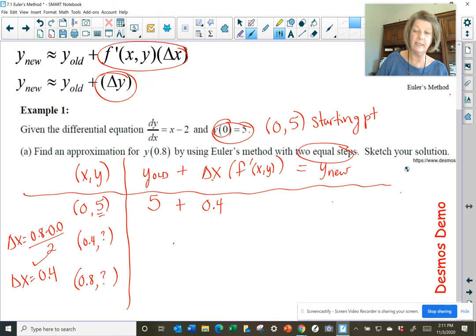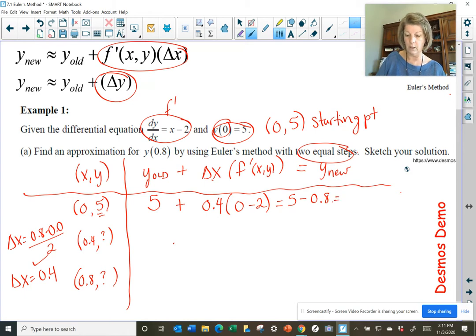We calculated it over there, and that's going to stay consistent, and it has to stay consistent here for Euler's method. Now, really, here's the only work I've got to do. I've got to calculate my f prime, and remember that f prime and dy/dx are the same thing. So I'm going to put in my x value of 0, take away 2, and that's going to end up being what? 5 minus 0.8.